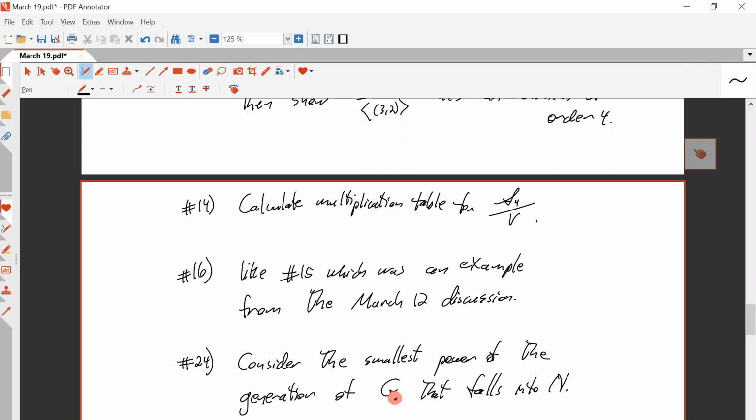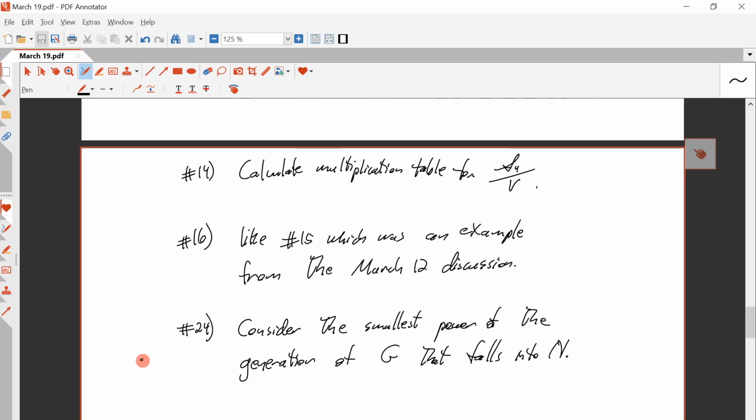To show that G mod N is cyclic, just consider the smallest power of the generator of G. G is a cyclic group, so it has some generator, and some power of that is going to enter into N. Think about that, and that should answer the problem for you. One more item I would like to talk about is the following facts.